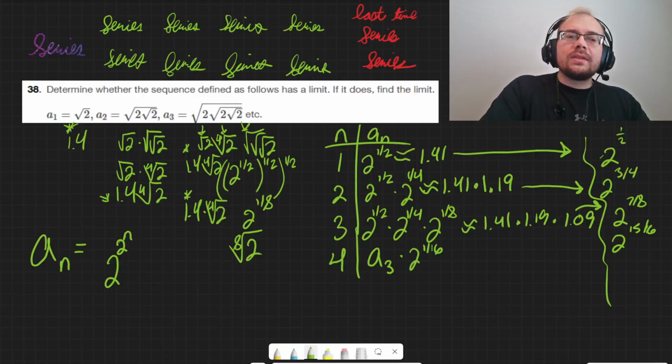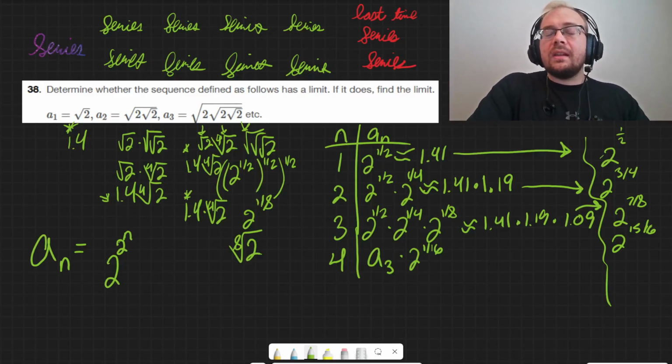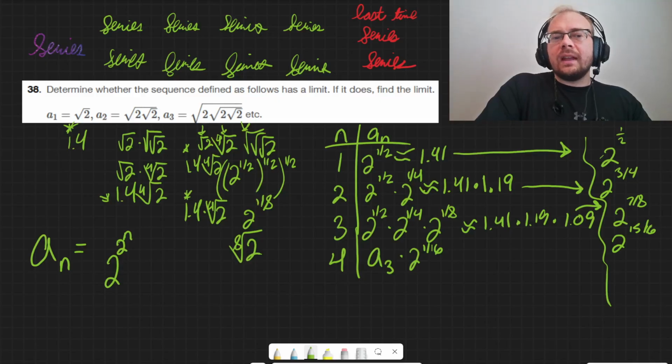But we want to start at 2. So if n is 1, then that would be 2. If n is 2, then that would be 4. Yeah, I think that would work actually. 2 to the 2 to the n, not parentheses as in 2 to the 2 squared to the n, which would just be 4 to the n. Like 2 to the power of 2 to the power of n.